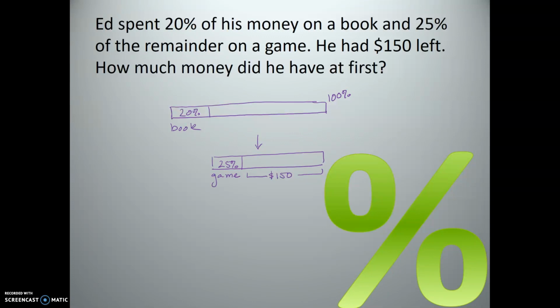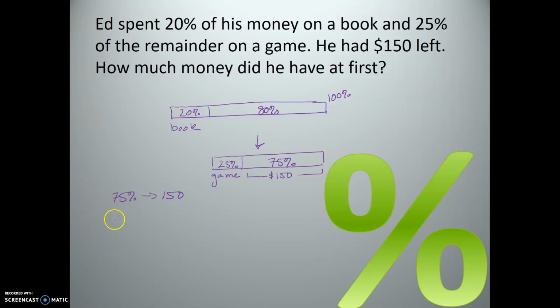Okay, guys, so let's pick this one apart a little bit. So if he spent 20% of his money on a book, he had 80% of his original chunk left, right? Then he went and he spent 25% of that remainder on a game, and he had $150 left. Well, if he spent 25% of his remainder on a game, he had 75% of his remainder left. So that 75% is what we're going to deal with to start. So let's solve for 100% of his remainder.